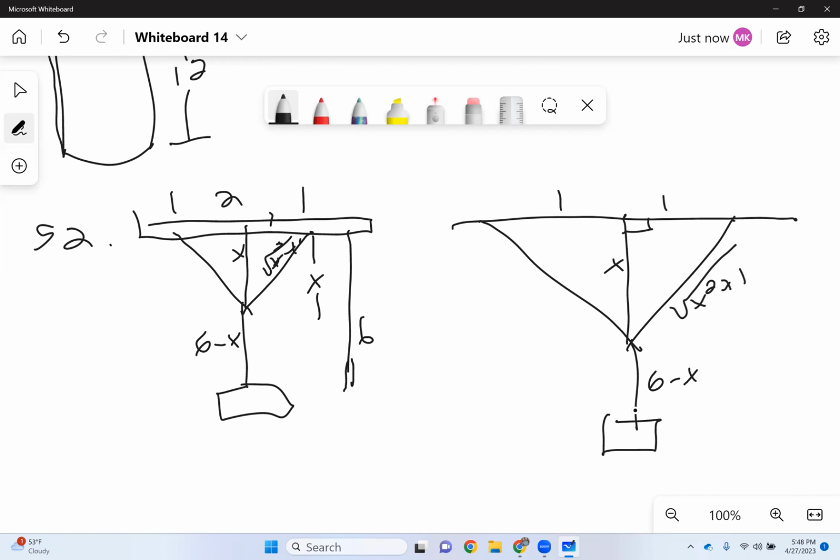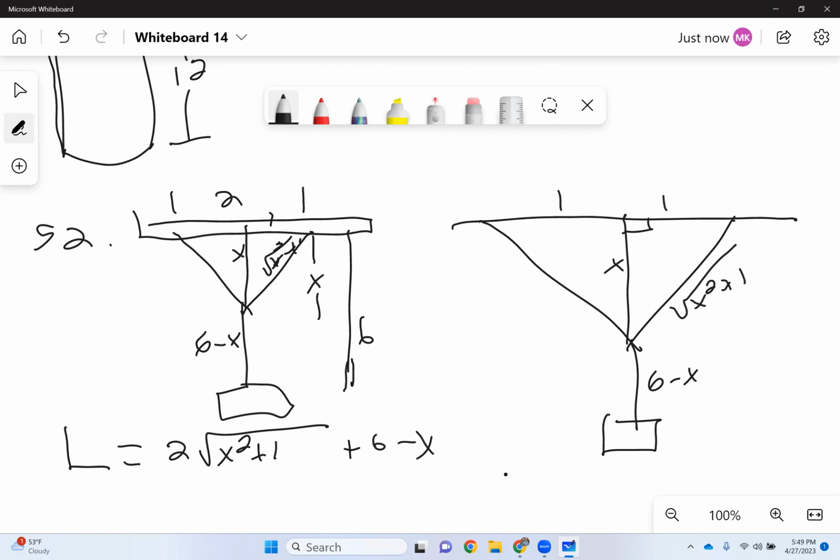So the length of the cable is going to be 2 times the square root of X squared plus 1 plus 6 minus X. Because the cable is this length, which is square root of X squared plus 1, plus this length, which is the square root of X squared plus 1, plus this length, which is 6 minus X. And what we want to do is find the dimensions. How far below, okay, to minimize the length of the cable used.